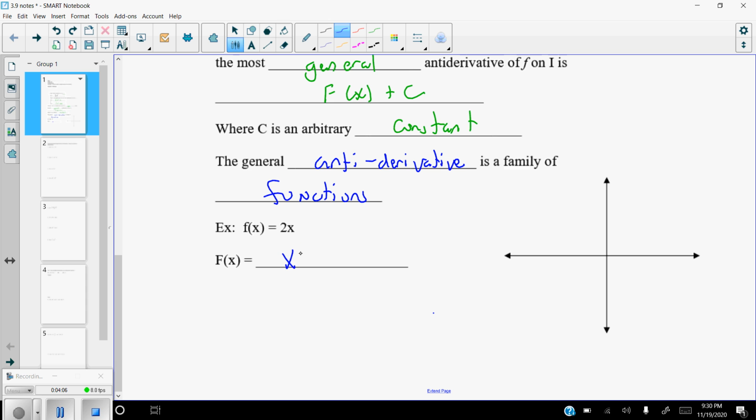So I would say x squared, but I have to add a constant C. Well, let's fill in values for C, and then we'll see what we mean by this family of functions. So let's just say the easy one, C is 0. So then F of x would simply be x squared. That's your basic parabola. Looks like this in general.